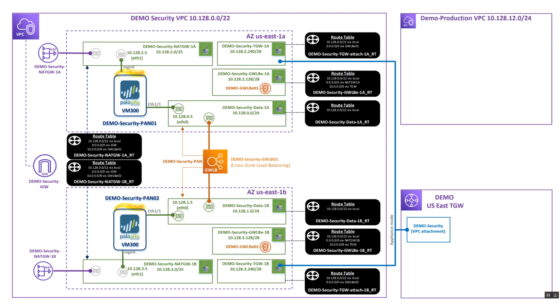Now, let's talk about the application VPC. In this case, I have the demo production VPC. I'm using a different IP block, obviously, 10.128.12.0/24. I'm just using a /24 because this is a demo environment. You're probably not going to want to use a /24 in a real world production deployment. It might be a little too small for scalability reasons.